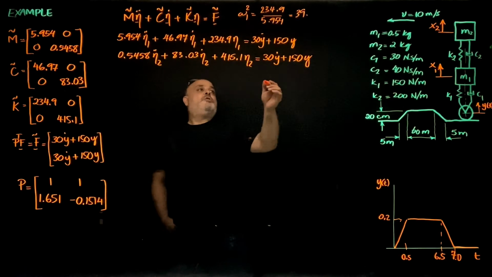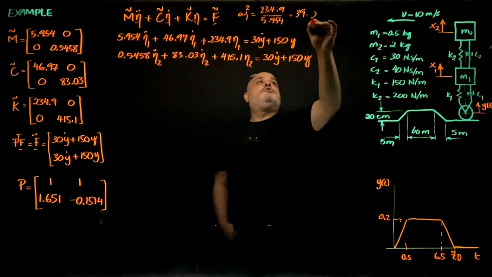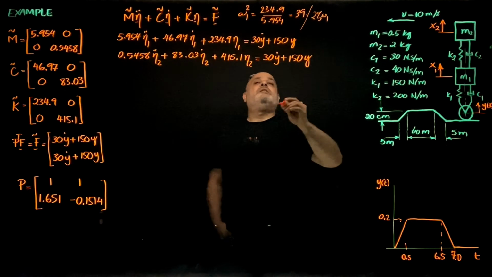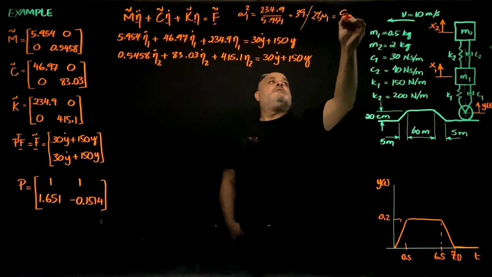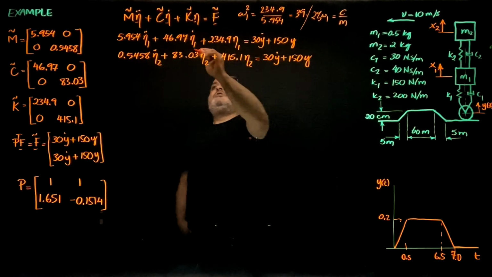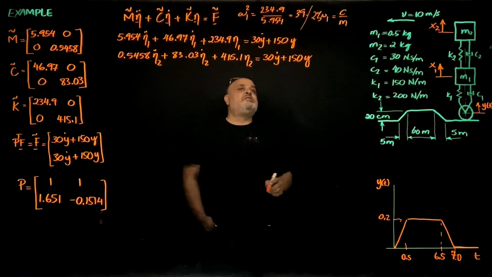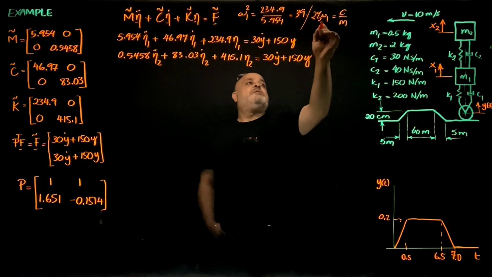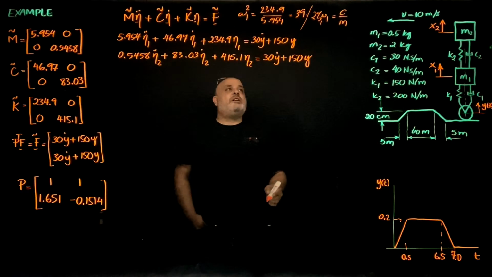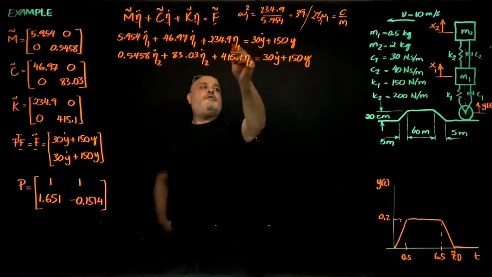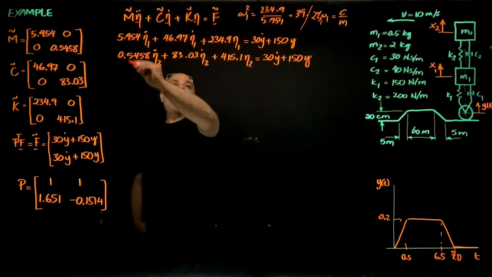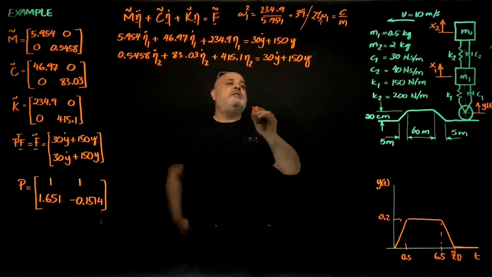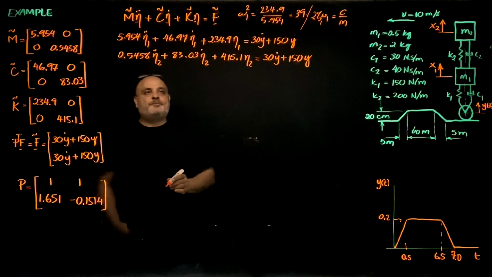And I know that 2 zeta omega 1 is c over m, which is 46.97 divided by 5.954, and then I can determine zeta 1. So I can determine the amount of damping in the first mode, eta 1, and I can determine zeta 2, the damping in the second mode.